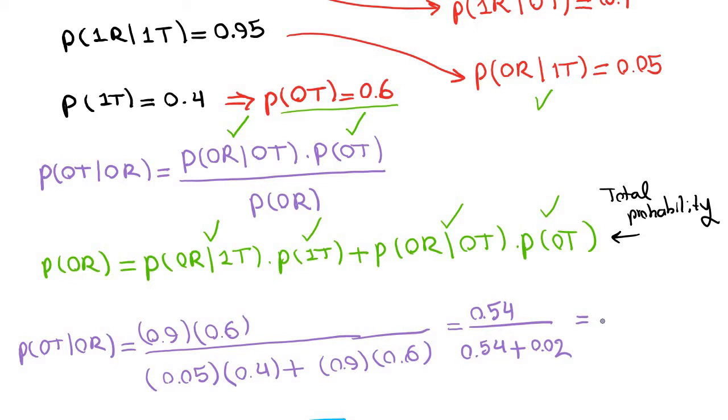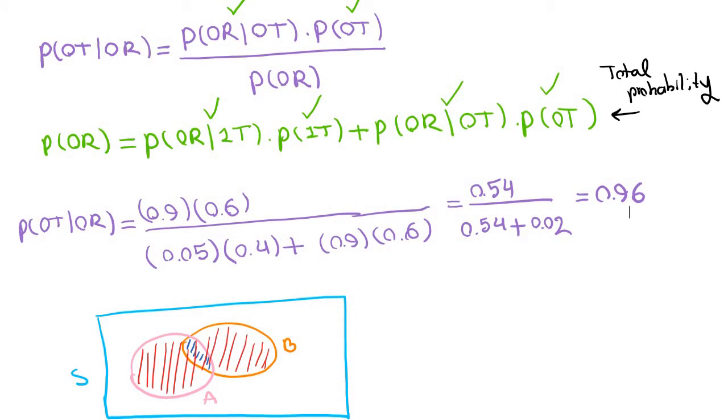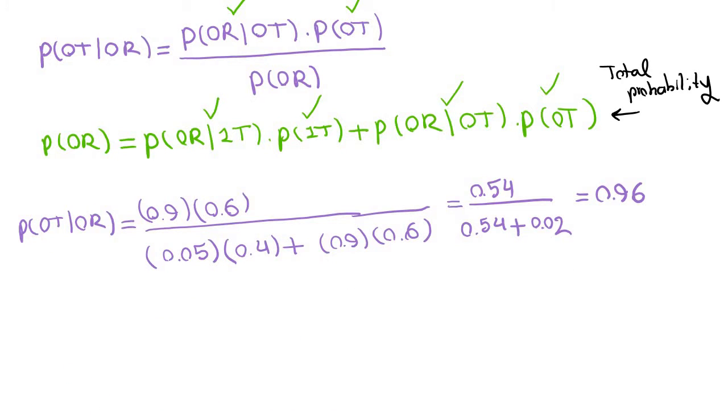So the probability is 0.96. This means that the probability of transferring 0 while I'm receiving 0 is 0.96.